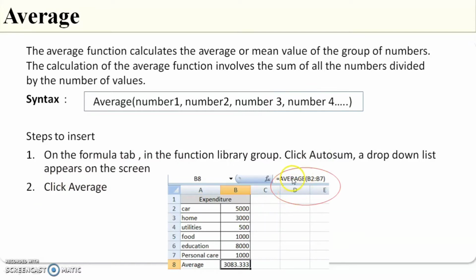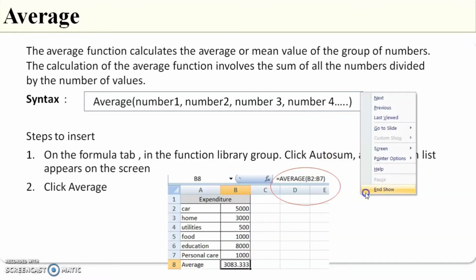Otherwise, we can use a formula. The name of the function is AVERAGE and the range of cells is B2 to B7, and it provides the average of the range of cells from B2 to B7, displayed in the active cell where the function is entered.